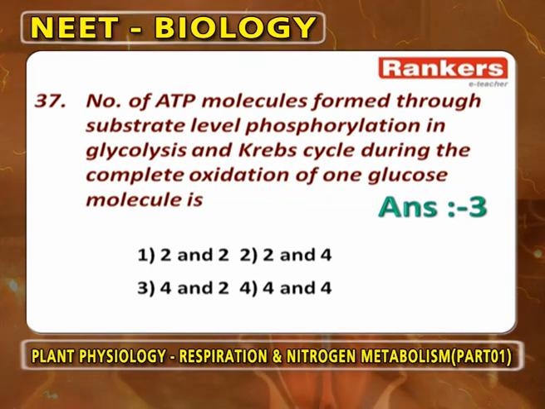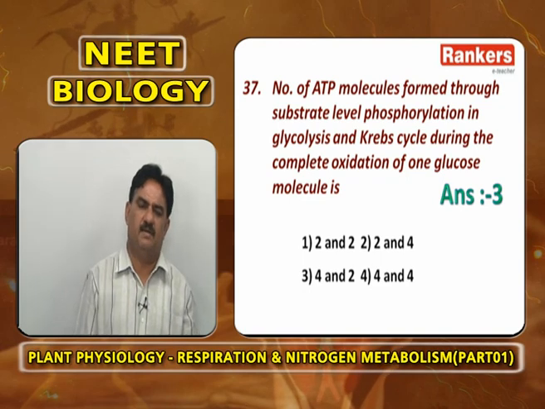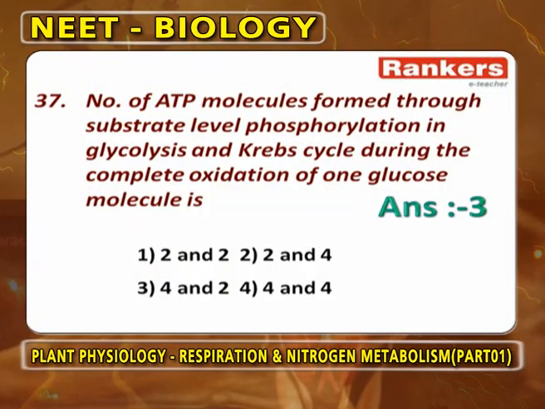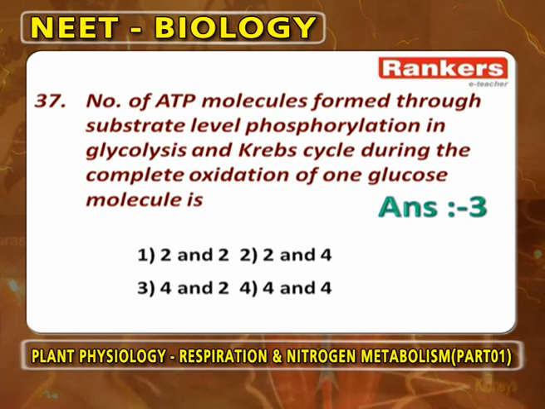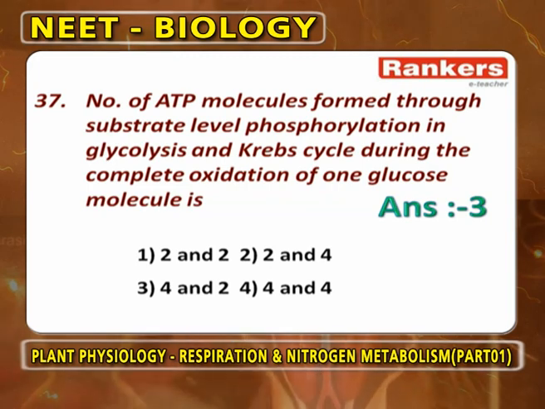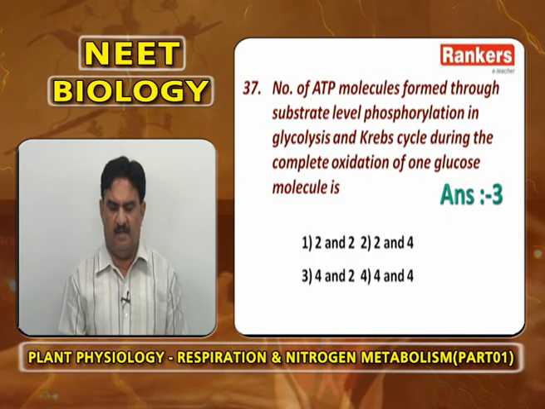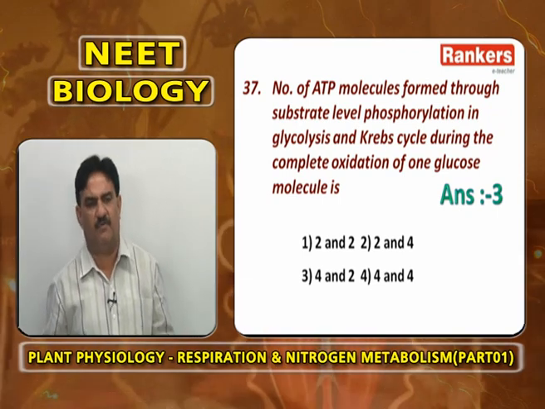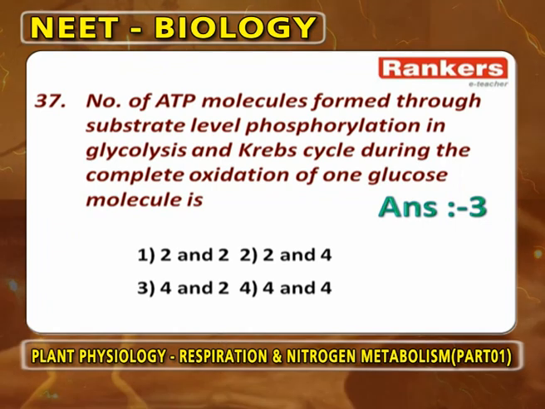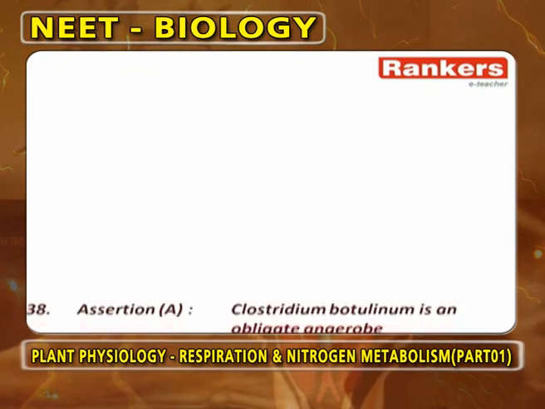So in total 4 ATP are formed in glycolysis. In Krebs cycle, 2 molecules of succinyl CoA convert into succinic acid, forming 2 ATP. So 4 in glycolysis, 2 in Krebs cycle, third option.